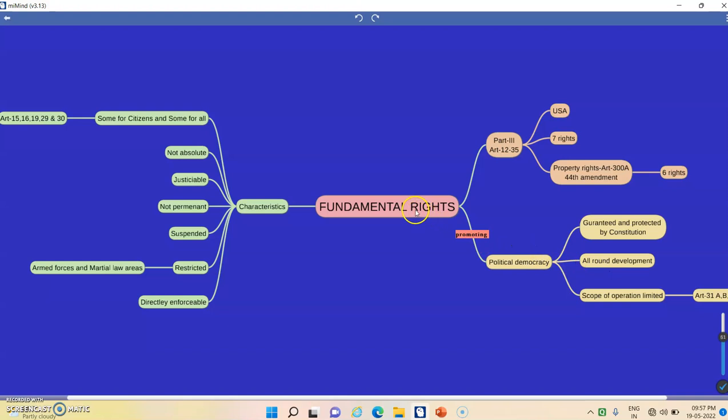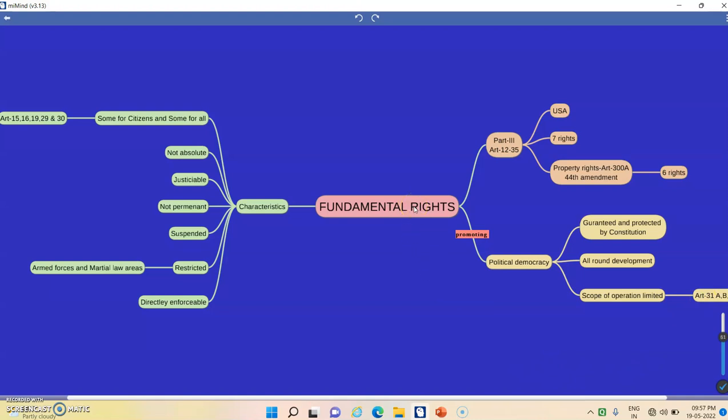The fundamental rights are limited. The operation of fundamental rights is limited due to Articles 31A, 31B, 32, 31C, which we will see in the next module in detail.